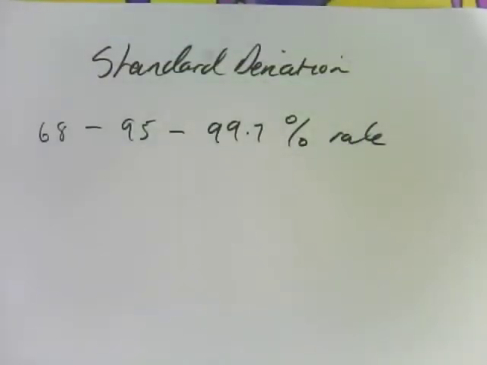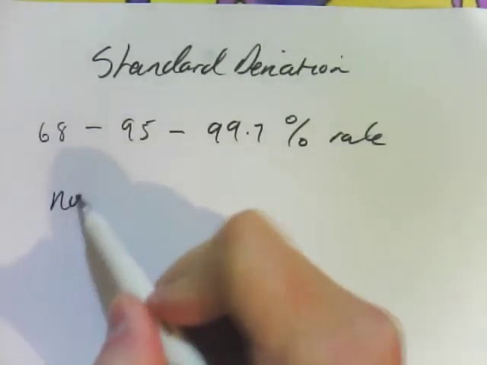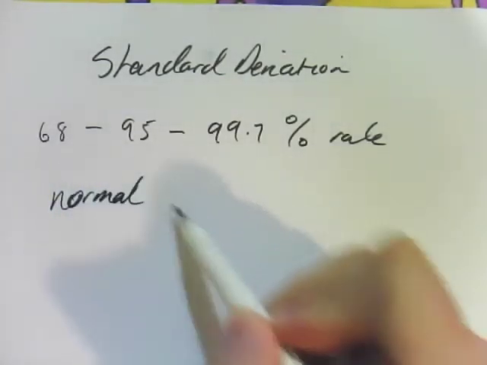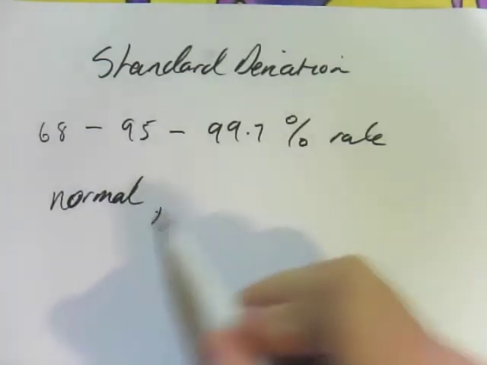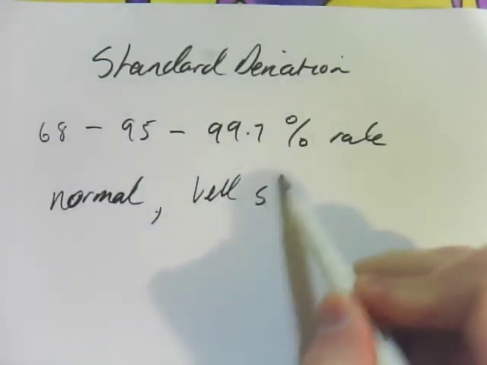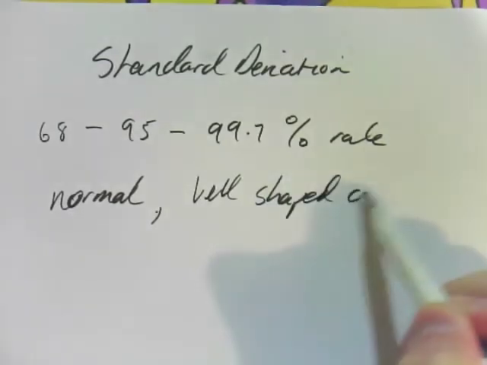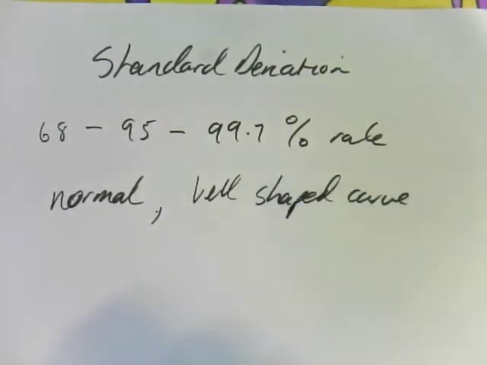So once you've worked out the standard deviation on your calculator, you can start applying this 68, 95, 99.7 rule. Now quite simply, your distribution must be something called a normal distribution, which for us laymen is a bell-shaped curve. It must be symmetrical.